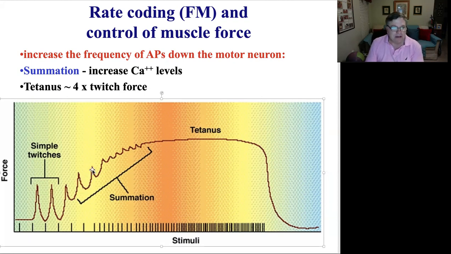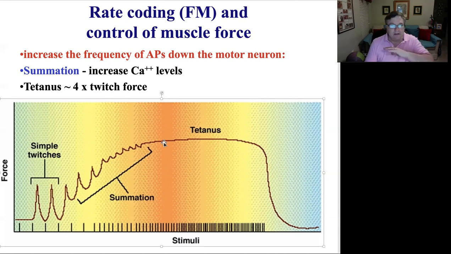And that summation continues. An individual twitch, which is the force produced by a single action potential, is usually about 20% of what we see at tetanus. At tetanus, it simply means that even if we increase calcium more, we couldn't bind any more sites on troponin. That's what happens.